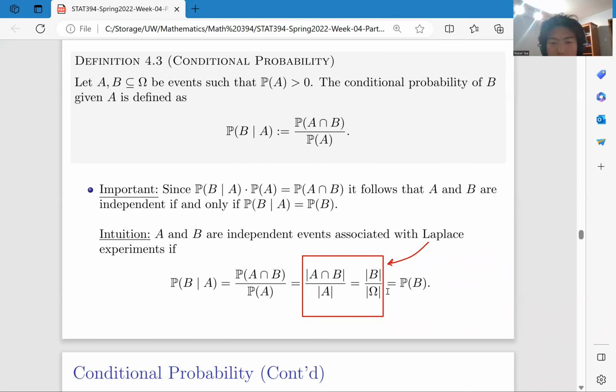Now this is just equal to the probability of B. So if A and B are independent, then this is an if and only if case. The probability of B conditioned on A is equal to the probability of B.